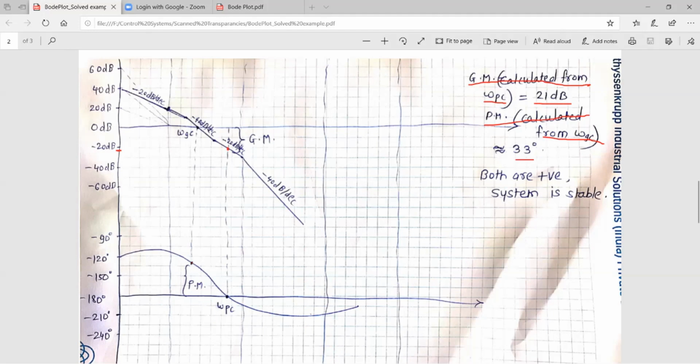All the angles that we are marking are negative angles, right? This negative sign does not indicate that the angle is negative, but it indicates the direction of the angle. If all the angles are negative, that means the angles are getting added in the same direction. So you might ignore this negative sign for checking whether the phase margin is positive or negative.